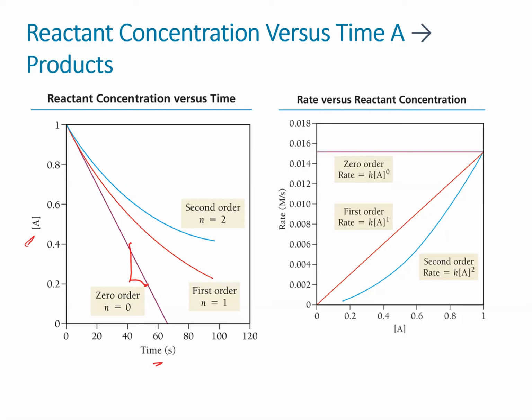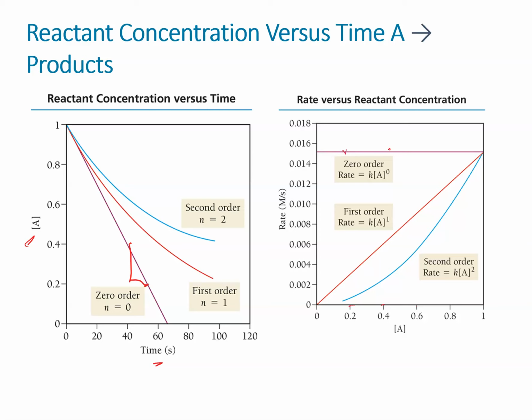And really all we're seeing on the right side here, rate versus reaction concentration, is the same thing, but instead of having to look at the slope, we can just discuss it looking at the slope directly versus concentration change. And you can see that for zero order reactions, the rate of reaction doesn't change at all, regardless of the concentration. So it doesn't matter if the concentration is 0.2 or 0.4 or 0.6.